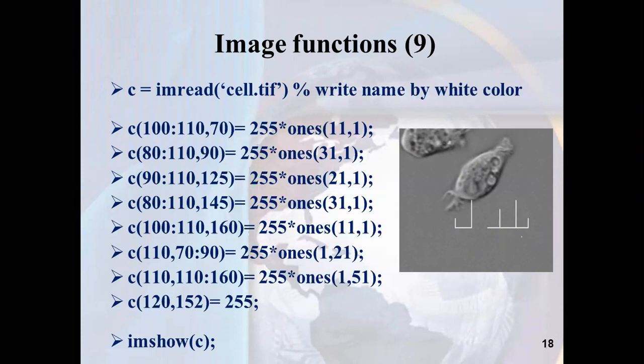I will give you a homework. Your homework is to write your name, either in Arabic or in English, by transforming different rows or columns from their original colors into white color until you obtain your name on the image.